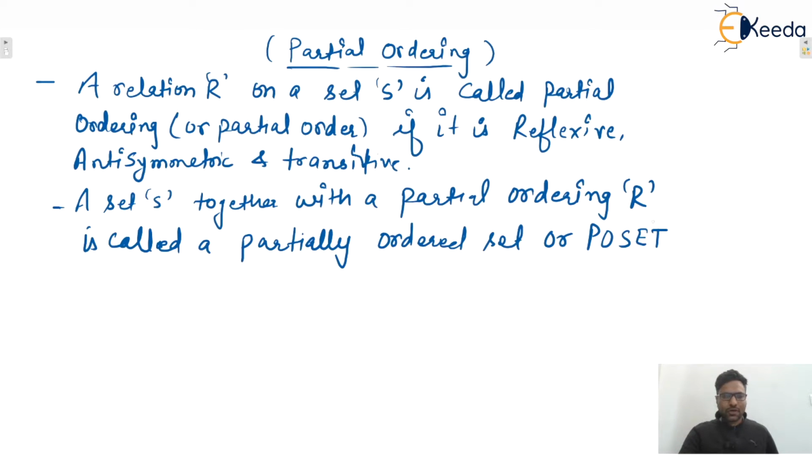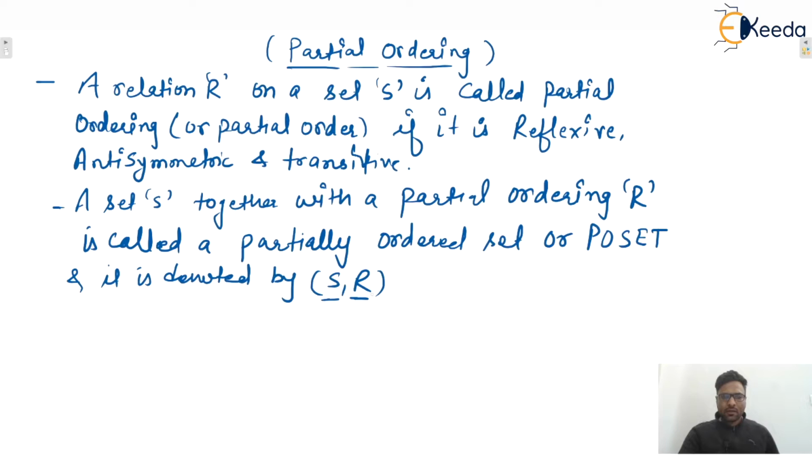Poset means, in short, partially ordered set, and it is denoted by S comma R. Here S is a set and R is a partial ordering, isn't it?